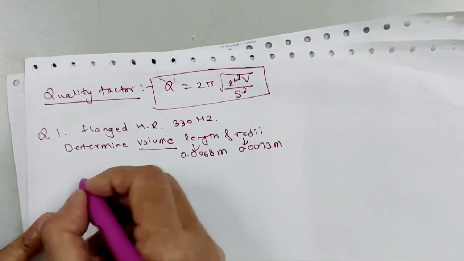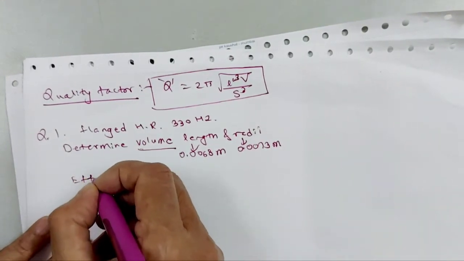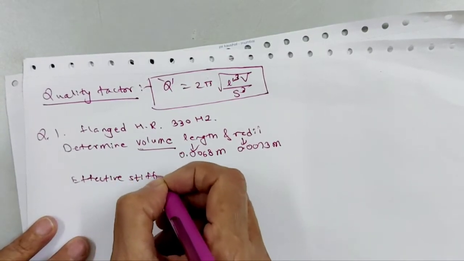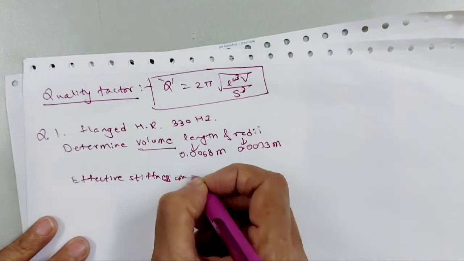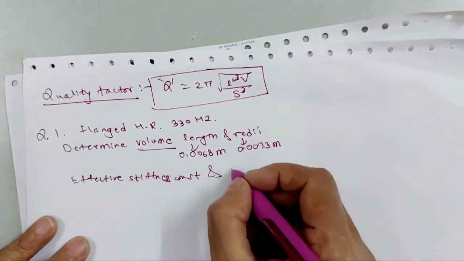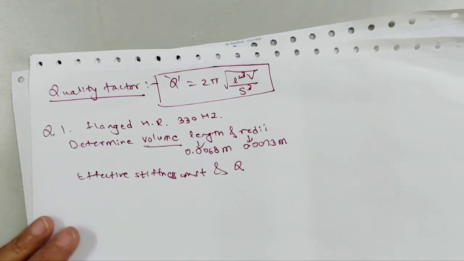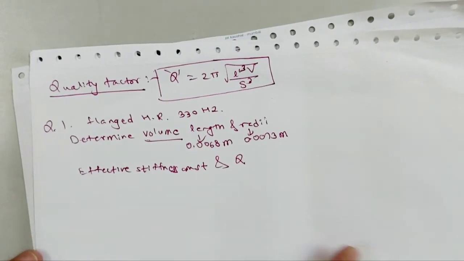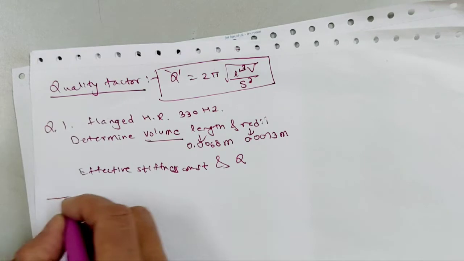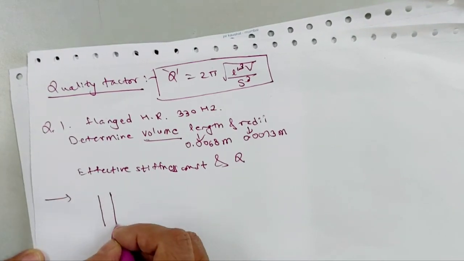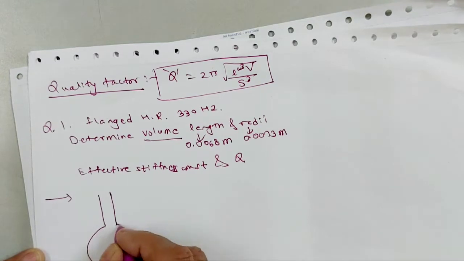Also determine the effective stiffness constant and quality factor Q of the resonator. Okay, now over here, what is the diagram first? As I taught you, suppose this is my Helmholtz resonator.